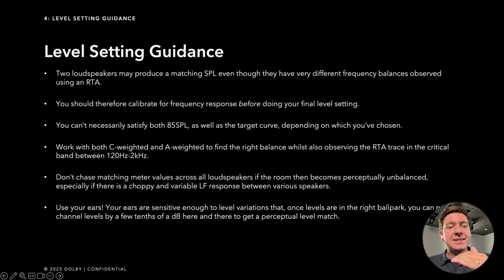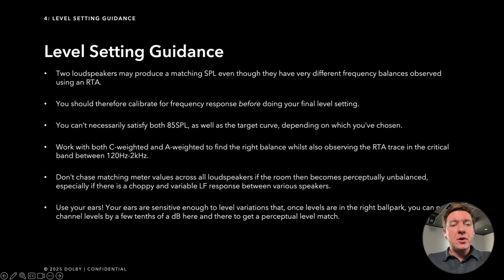You can't necessarily satisfy both 85 as an SPL target as well as the target curve, depending on which you've chosen. Remember, the target curve, all of the energy present underneath that target curve is what dictates what the SPL value is. If you've got more energy in one and less in another, they're not going to match up necessarily. So you can't necessarily satisfy both.